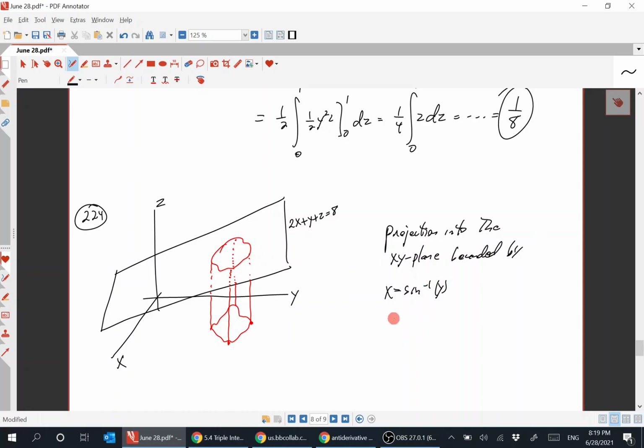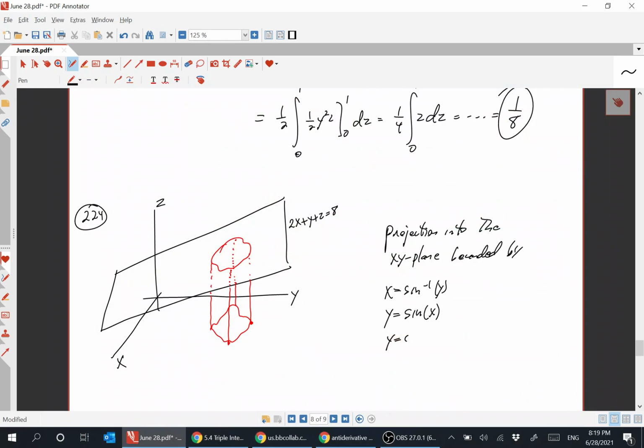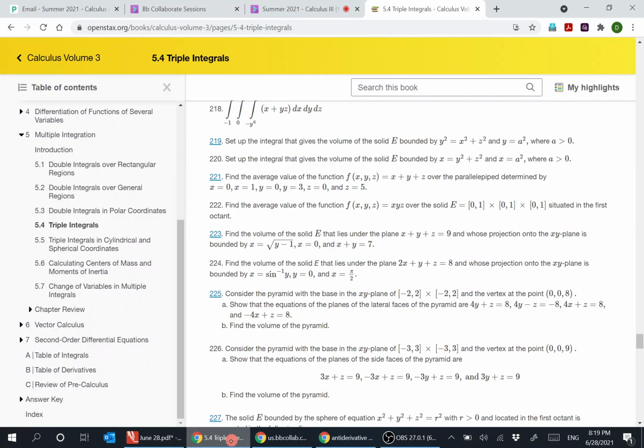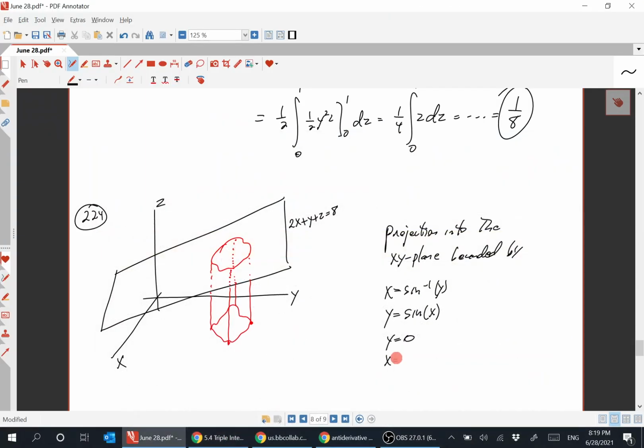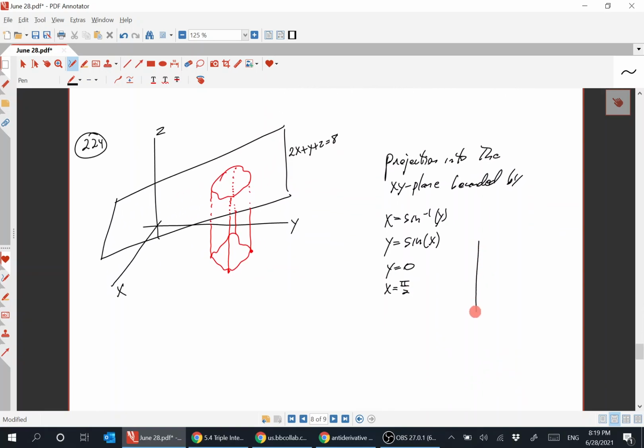So that's just y equals sine x, of course. y equals sine x, y equals 0, and x equals pi over 2, sorry. So it looks like this in the xy plane: y equals sine x, y equals 0, and x equals pi over 2. So it's just that.